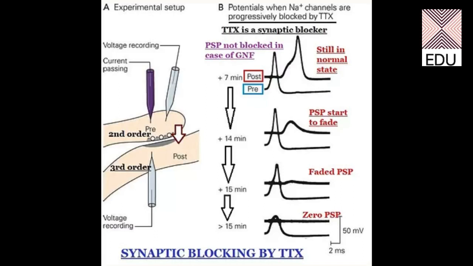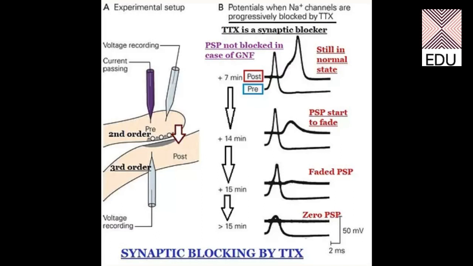Now come to the second graph. The second graph shows the time slot of 14 minutes after the administration of the TTX. So after 14 minutes, the postsynaptic potential starts to fade out to some extent. Now after 15 minutes, we have the third graph, with the faded postsynaptic potential. You administer the presynaptic voltage, and very little voltage is transmitted to the postsynaptic or third order fiber.